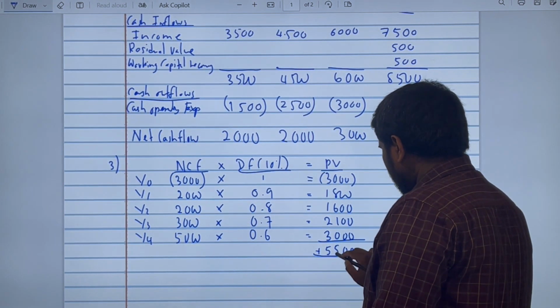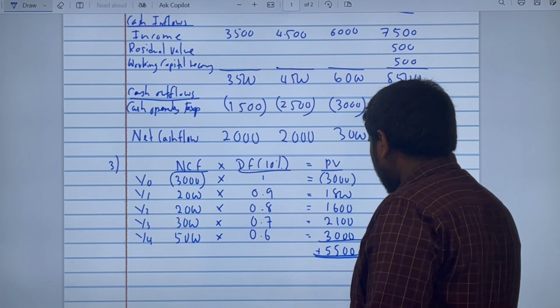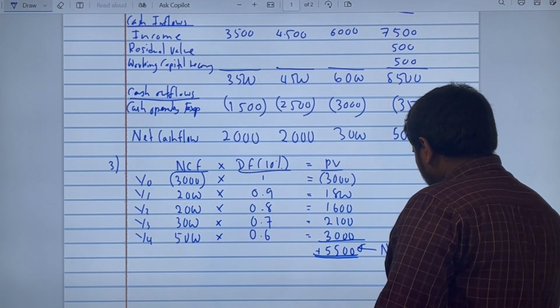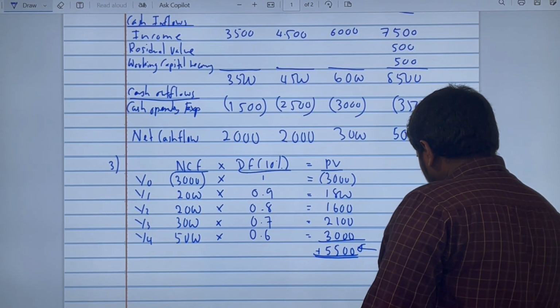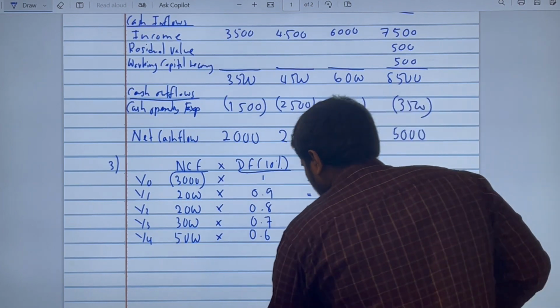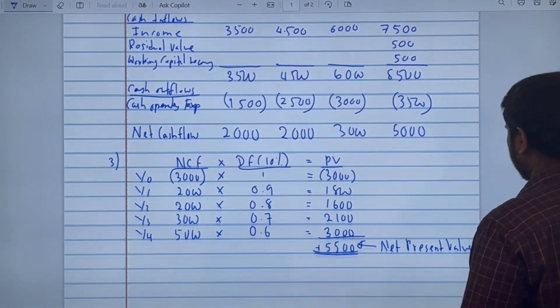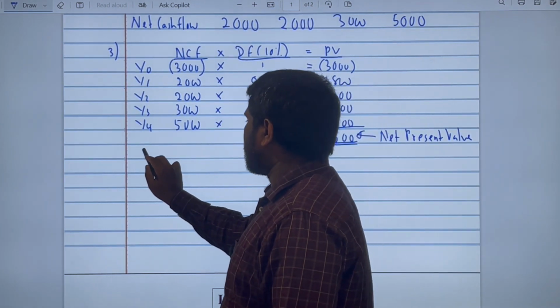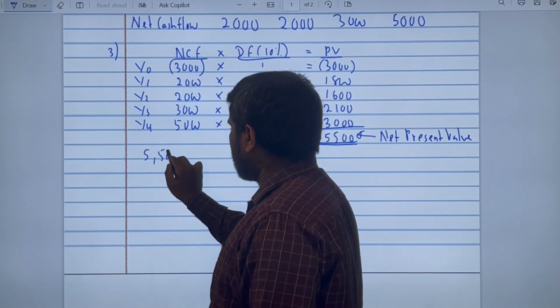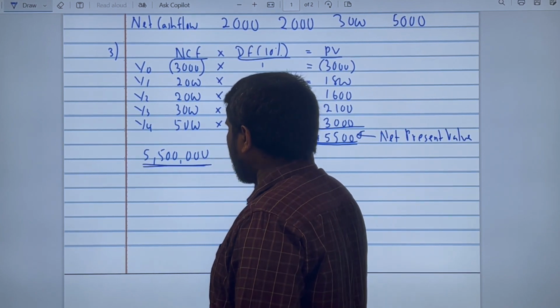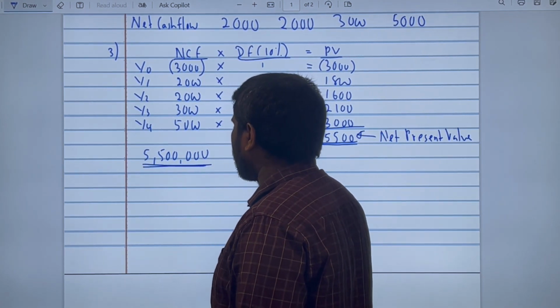This is your net present value. It is not 5.5 million. Since we did it in thousands, your real number is 5,500.